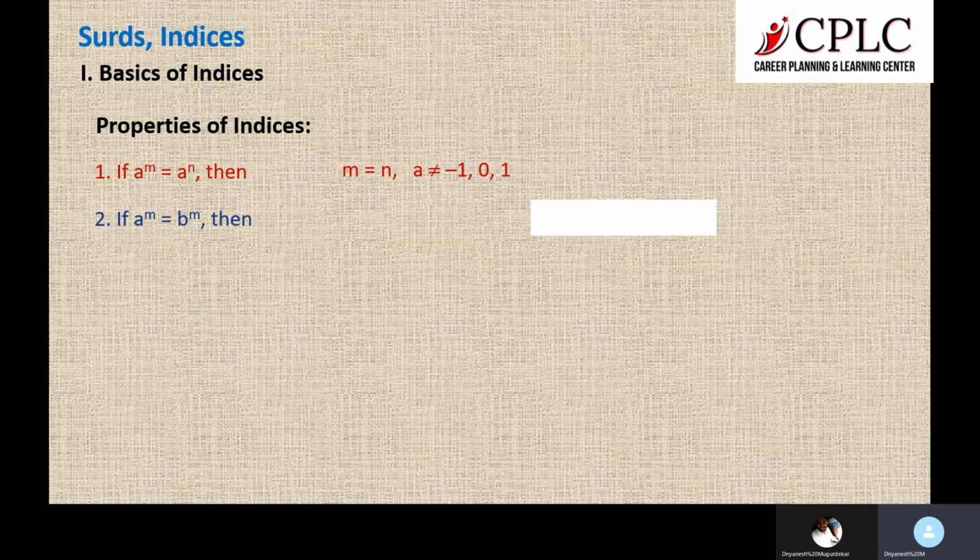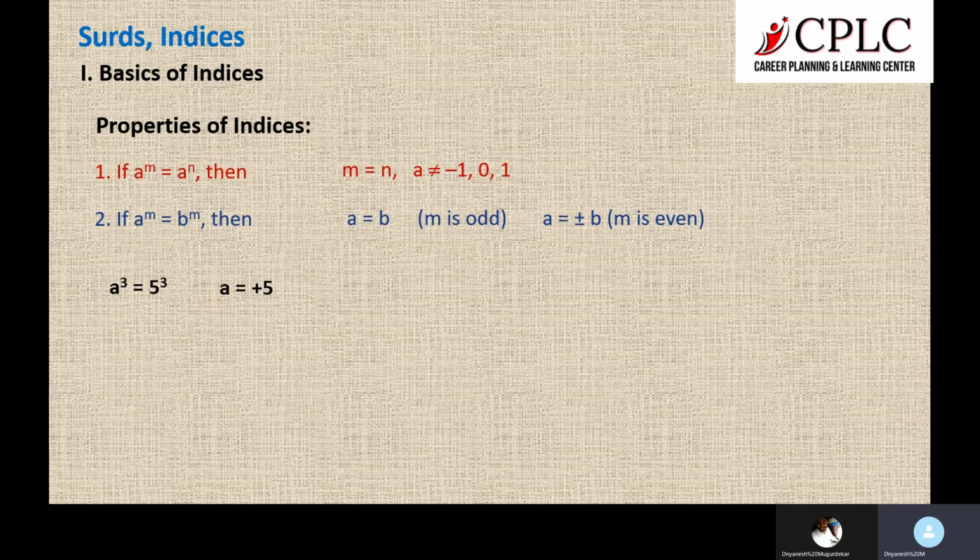The second one: a raised to m is equal to b raised to m. Then there will be 2 cases. a is equal to b if m is odd, and a is equal to plus or minus b if m is even.